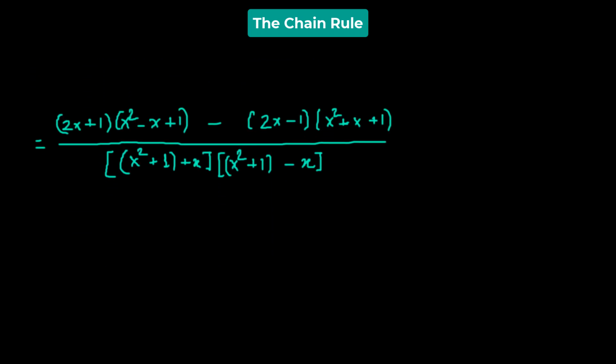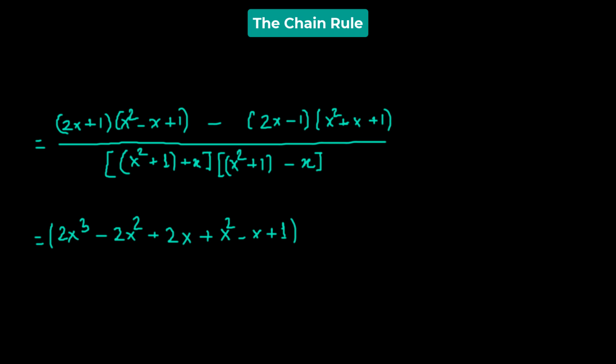And that will give us 2x multiplied by x squared, so that will be 2x cubed, minus 2x times x, that will be 2x squared, plus 2x times 1, which is 2x, plus x squared minus x plus 1.